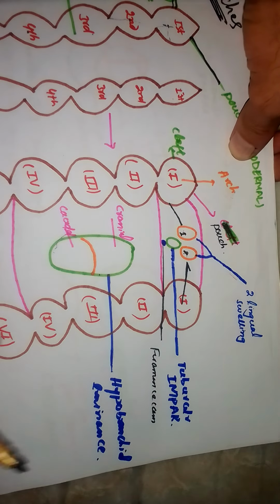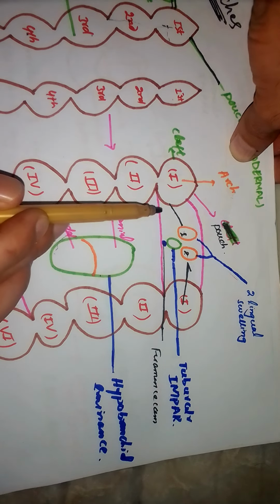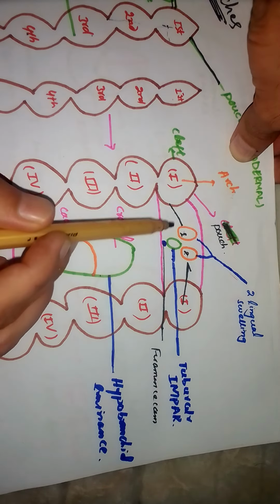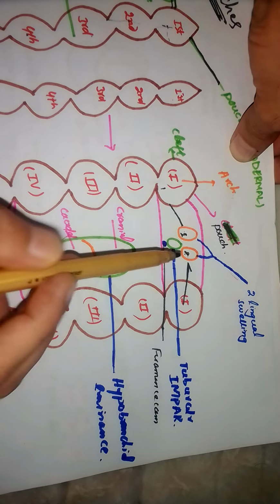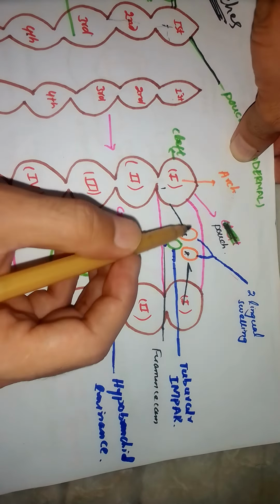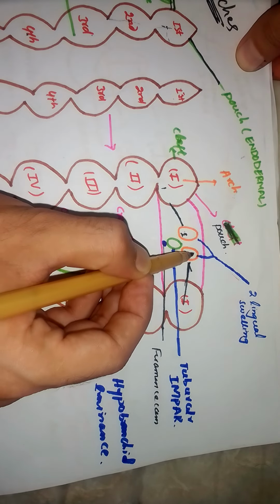Now let's discuss the derivatives of the pharyngeal arches. First of all, we will discuss the first pharyngeal arch. From the first pharyngeal arch, 2 lingual swellings are produced. This is the lingual swelling.